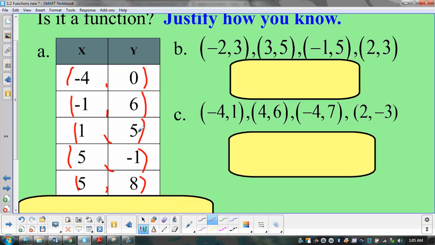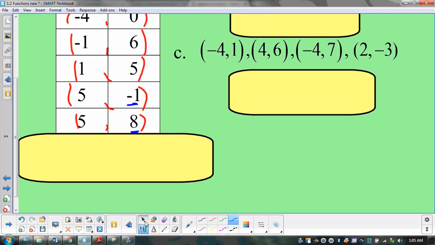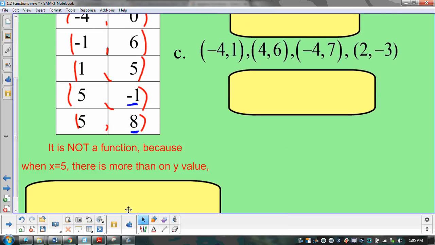Now ask yourself, when x is 5, what is the y value? That's kind of tricky because when x is 5, y can be -1 and y can be 8. So that means it fails. It is not a function because when x is 5, there is more than one y value.